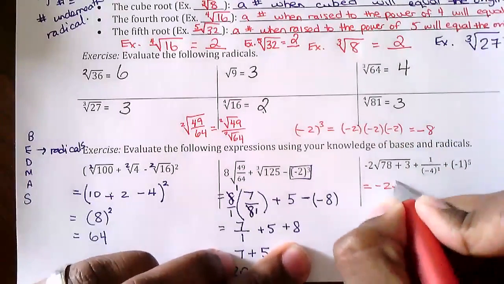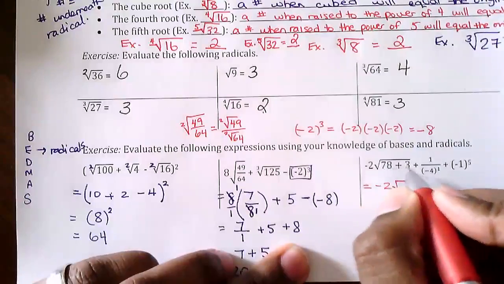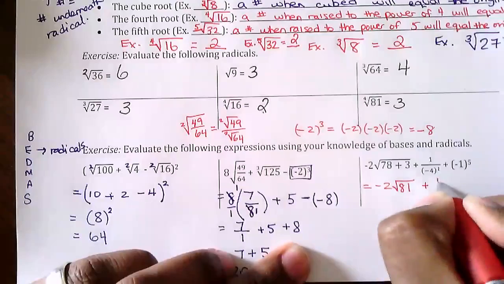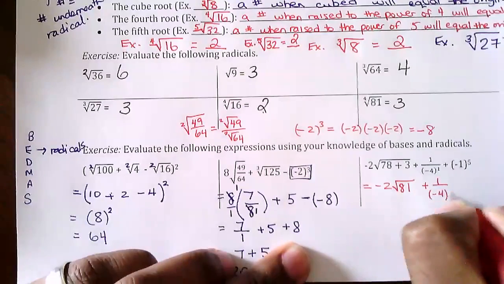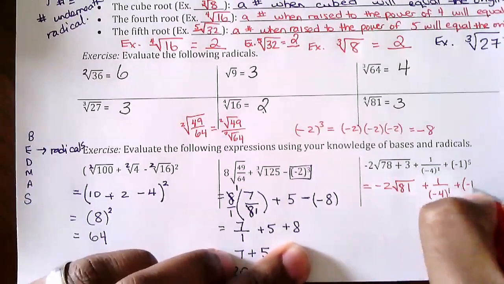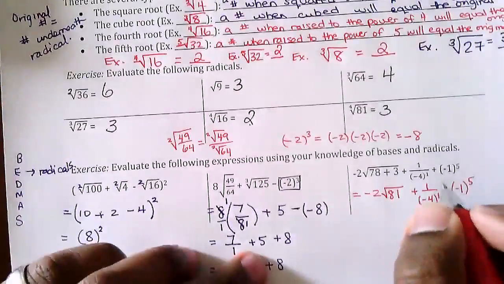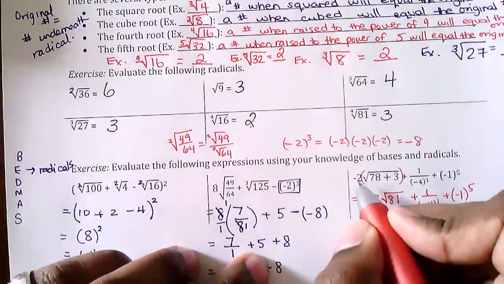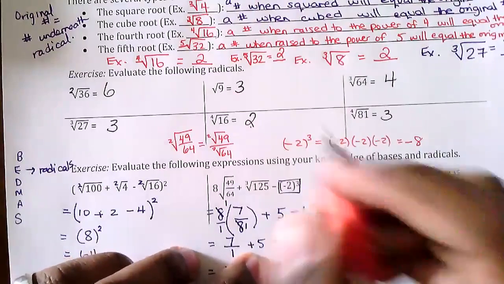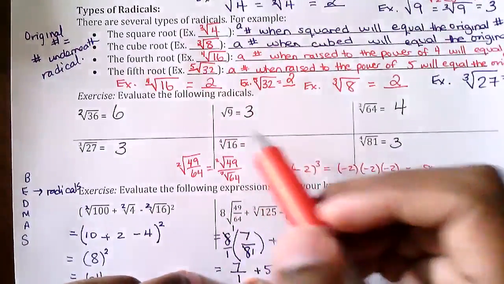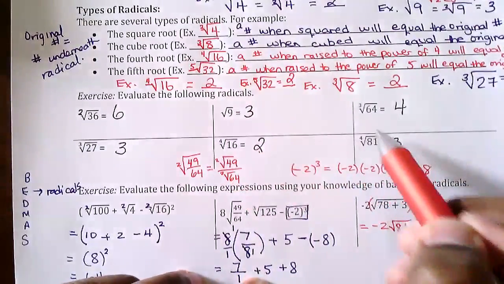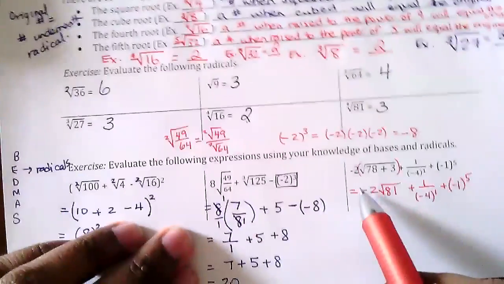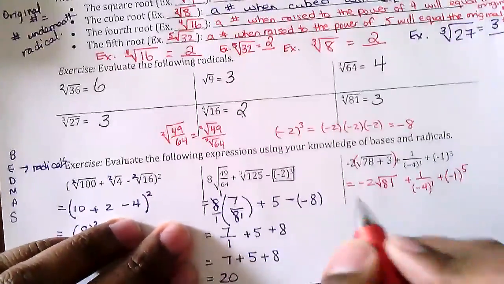Underneath this radical, we have 78 plus 3, which is 81, plus 1 over -4 to the 1, plus -1 to the 5. Something to keep in mind, this means -2 times this whole thing. The 2 is not the index. You would have noticed that the index appears as much smaller numbers attached to the radical sign. So this means -2 times this entire thing.